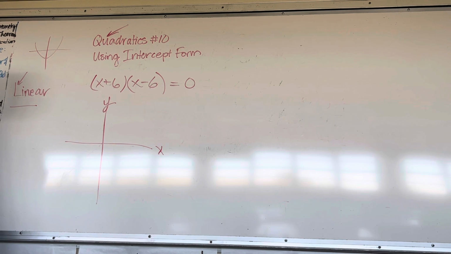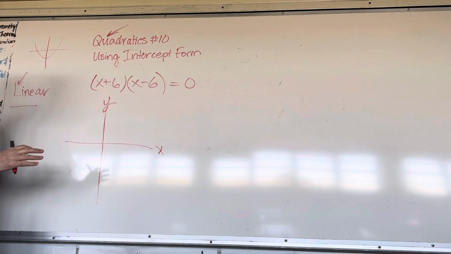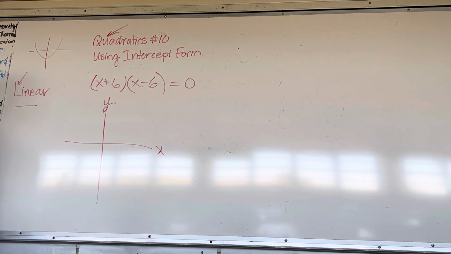But let's talk about the idea of an intercept form. Where does the U intercept the different axes? Because that's how we graph this. What does the word intercept mean to you? Where it crosses. Anything else? Who wants to add to it? What's the word intercept mean? Where it crosses.